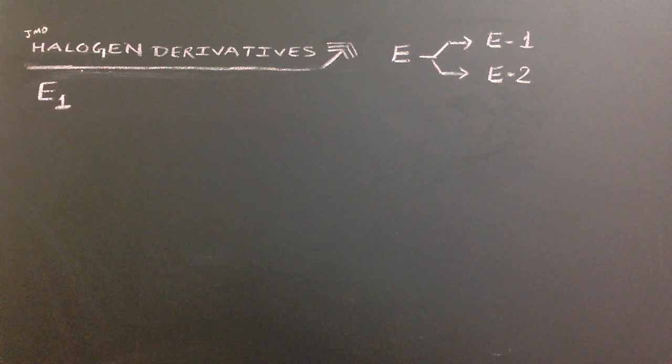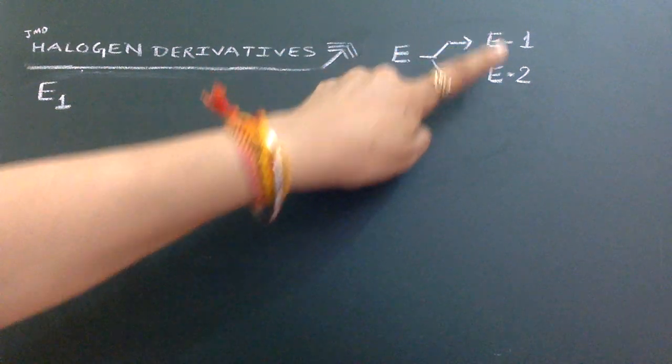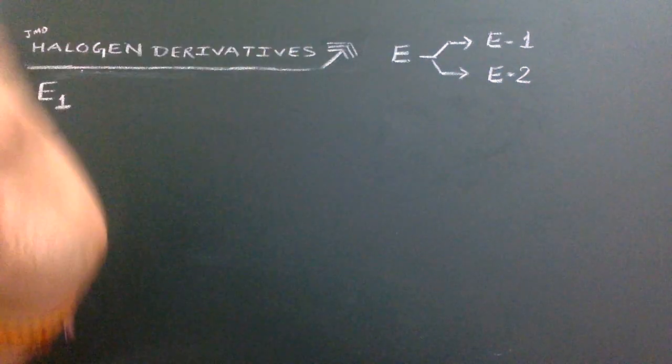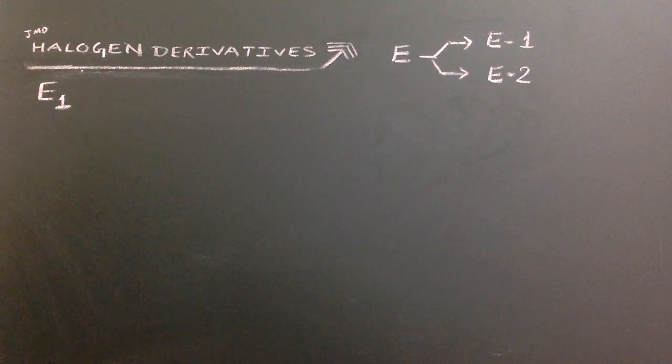This process can take place in two ways. One way is E1 and the other is the E2 mechanism, depending on the structure of the alkyl halide.